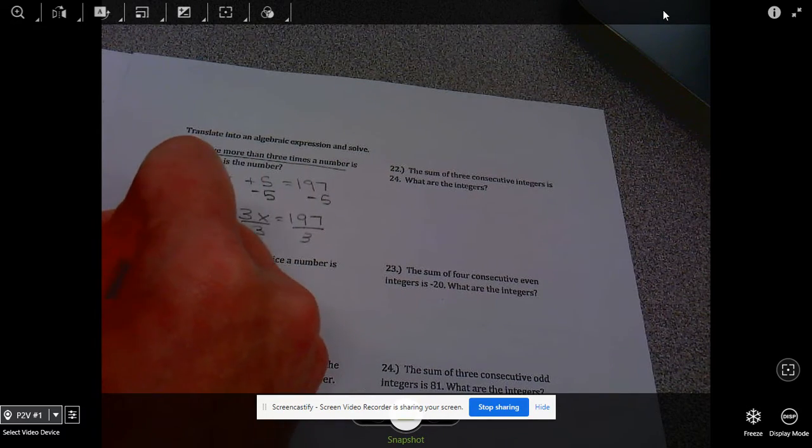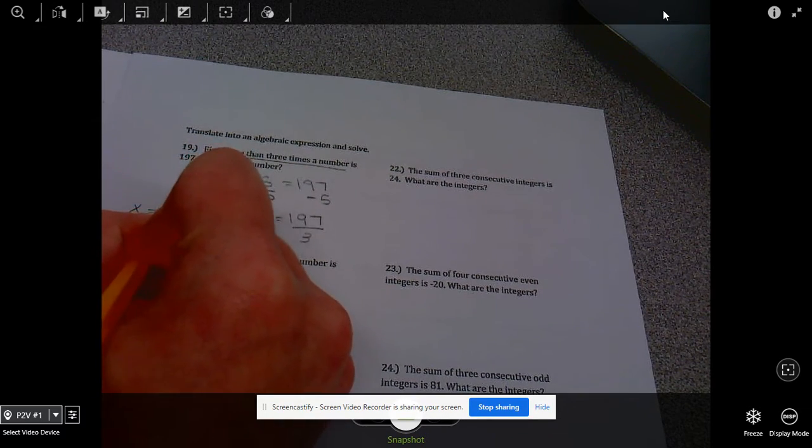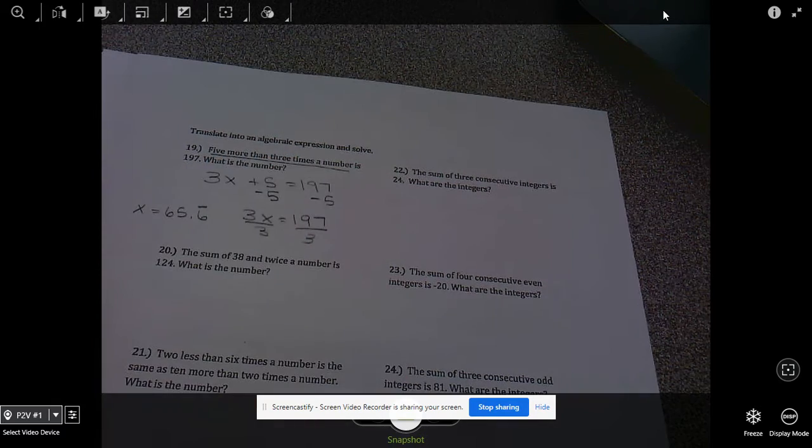Okay, it's going to be a decimal. You can say 65.6 repeating, or you could leave it as a fraction.